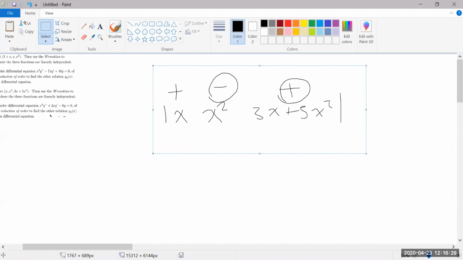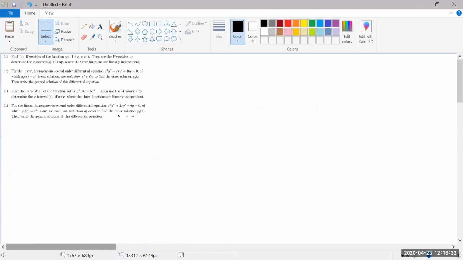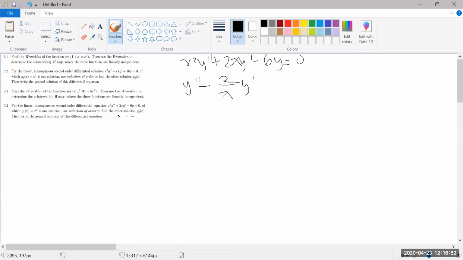Okay. So now for the last problem. We have x squared y double prime plus 2xy prime minus 6y equals 0. Putting it in standard form, this gives us y double prime plus 2 over x y prime minus 6y divided by x squared equals 0.